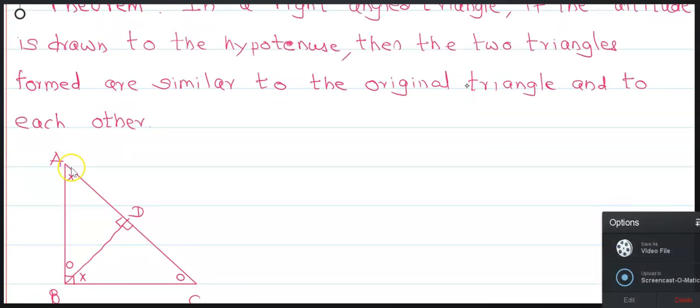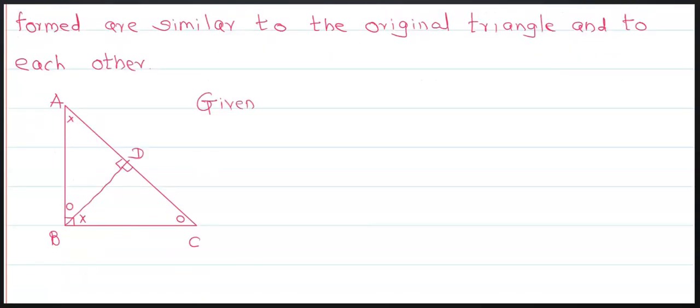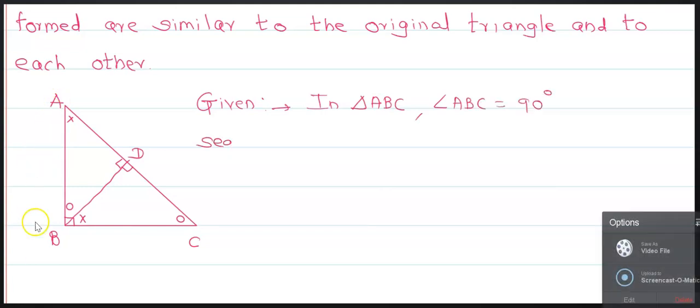The first is ADB, the next is BDC, and the big one, which is the original triangle ABC. I have taken one sequence. What is that sequence? The sequence is cross, 90 and the circle. This is my sequence. Now let us see. Given, in triangle ABC, measure of angle ABC is 90 degree, no problem.